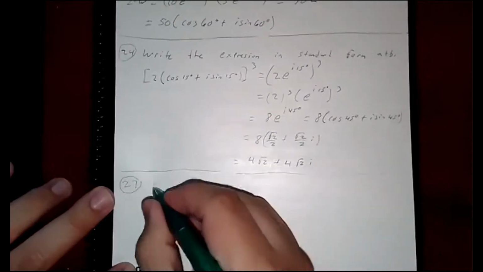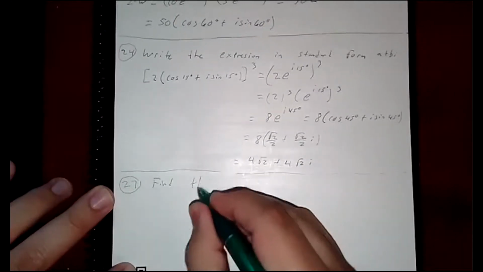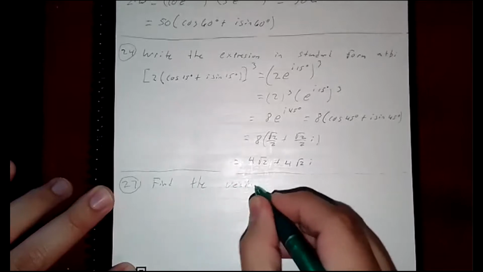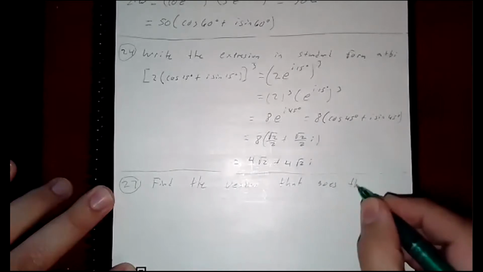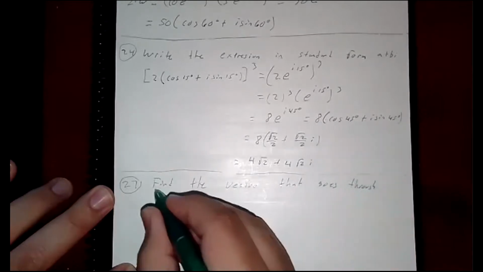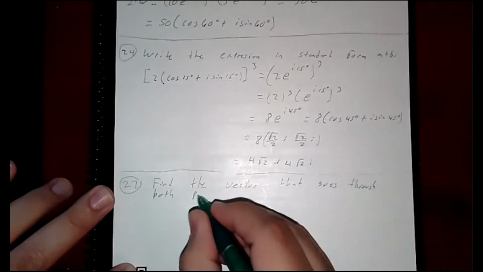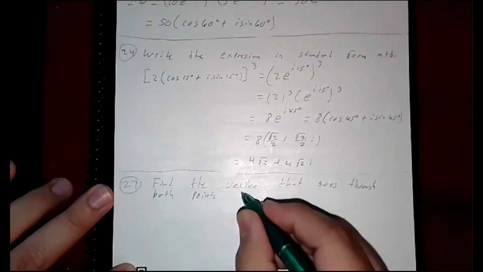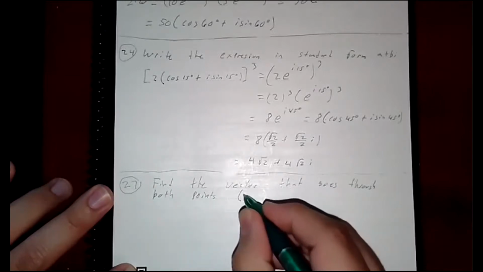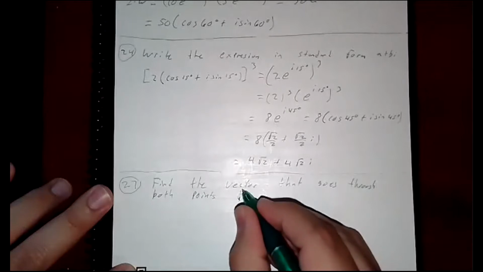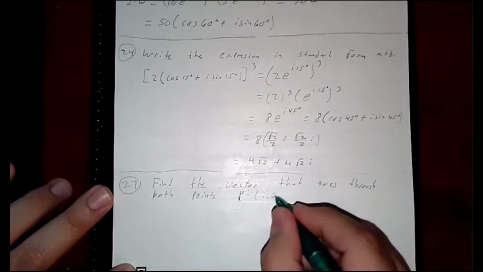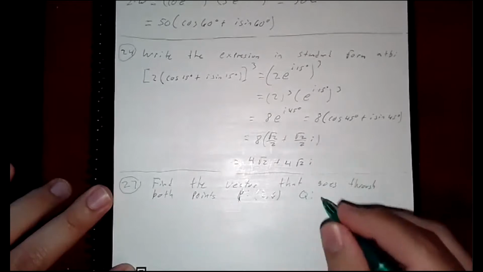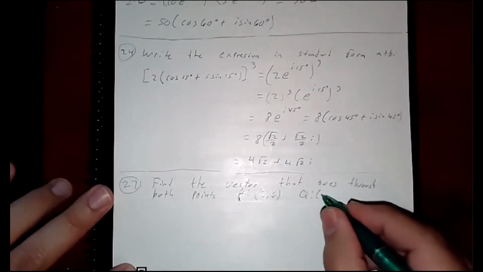27. So find the vector that goes through both points. P is 2, 6. Q is -1, -2.